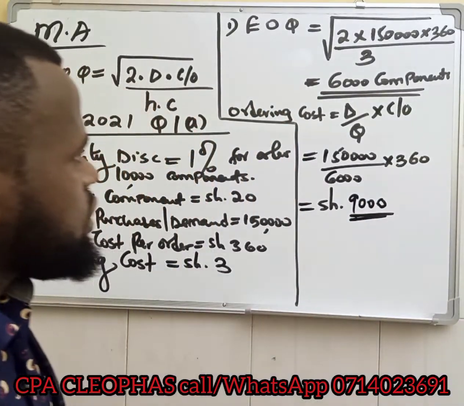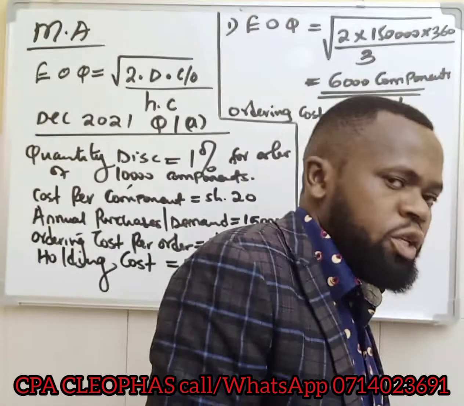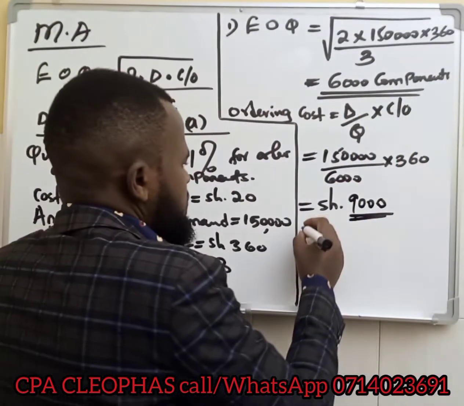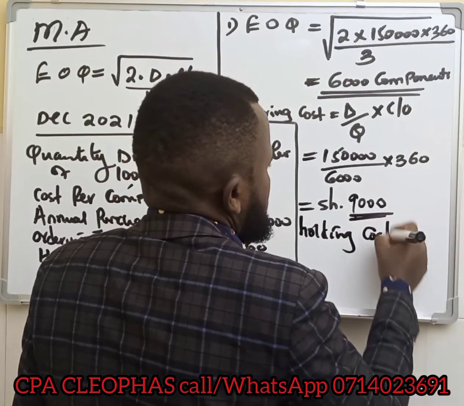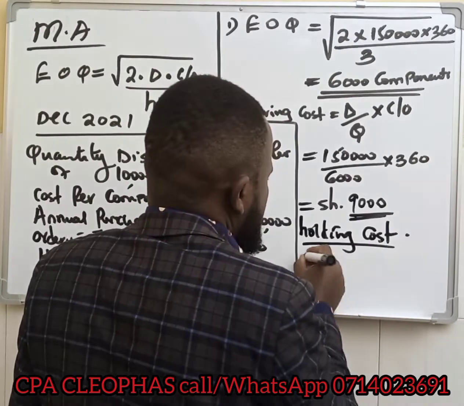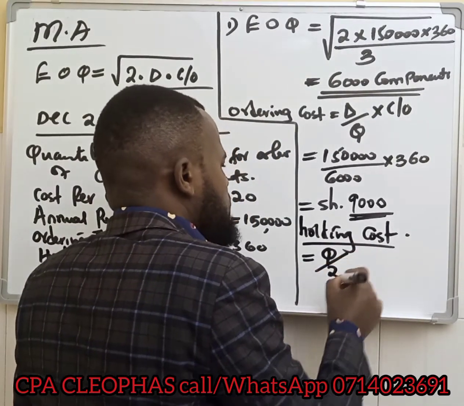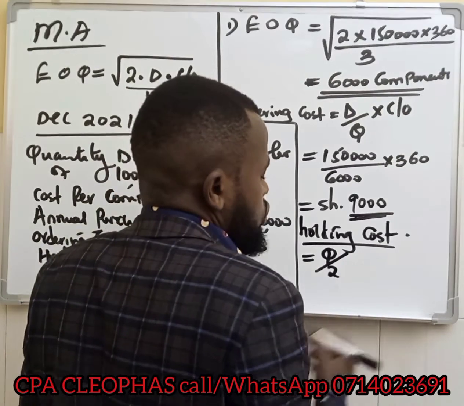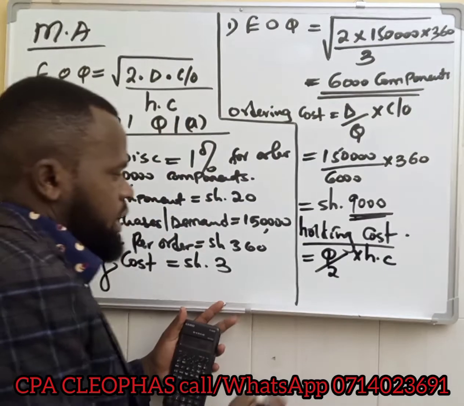And remember at EOQ, the ordering cost and the holding cost are the same, but let me do it so that we confirm. So let's get the holding cost. The holding cost is equal to the average units you're ordering, Q over 2, times the holding cost per unit per annum.